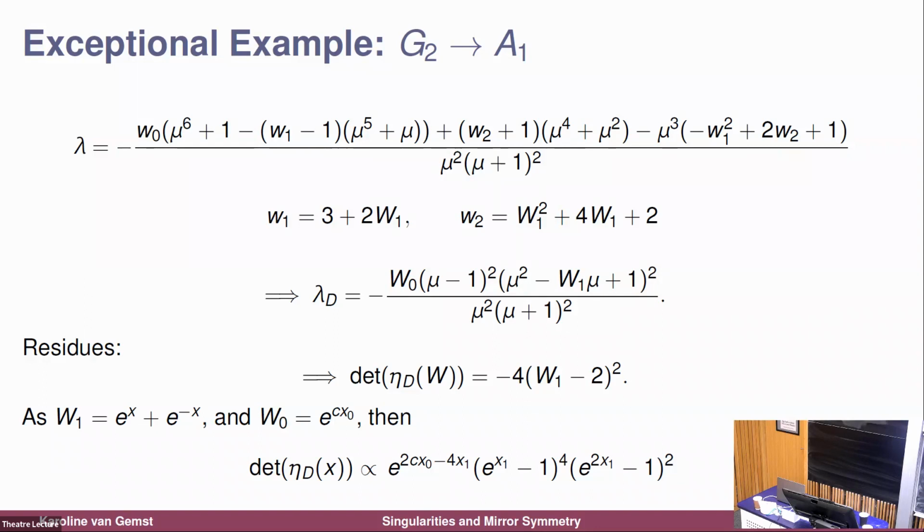Here the lowercase w's are the fundamental characters of the G2 situation. Then you can do branching rules to write them in terms of the fundamental characters of A1, so those are the capitalized W's.